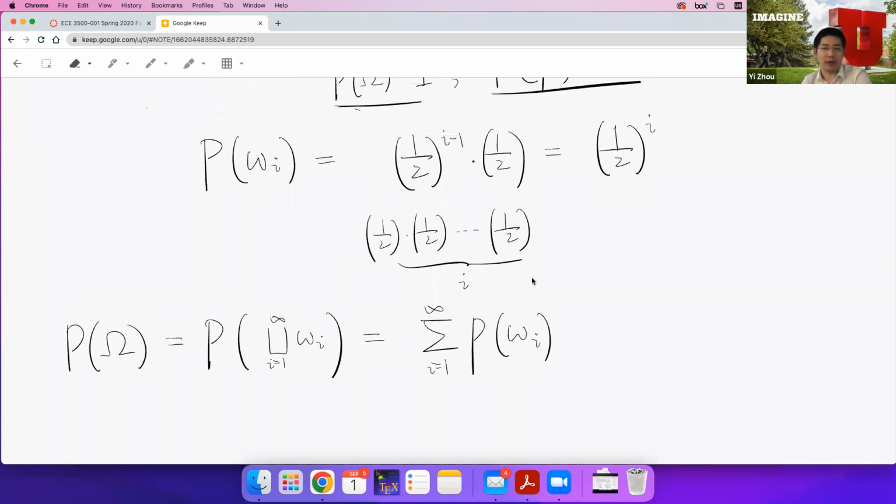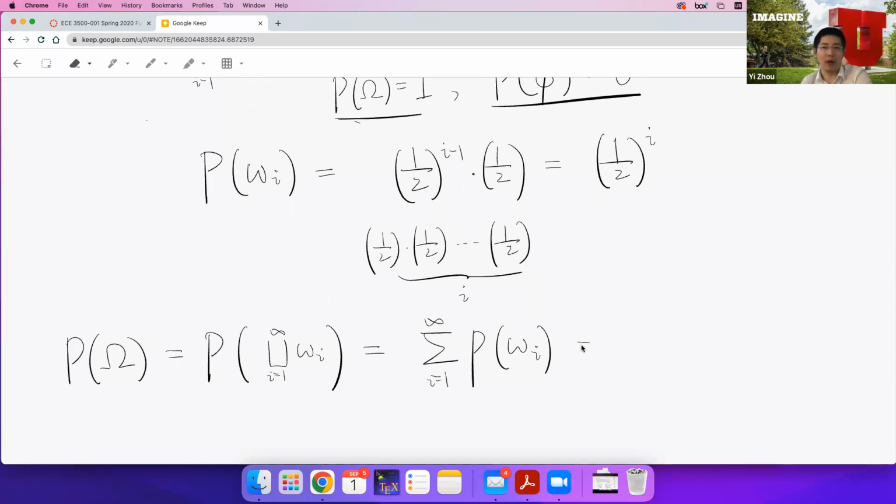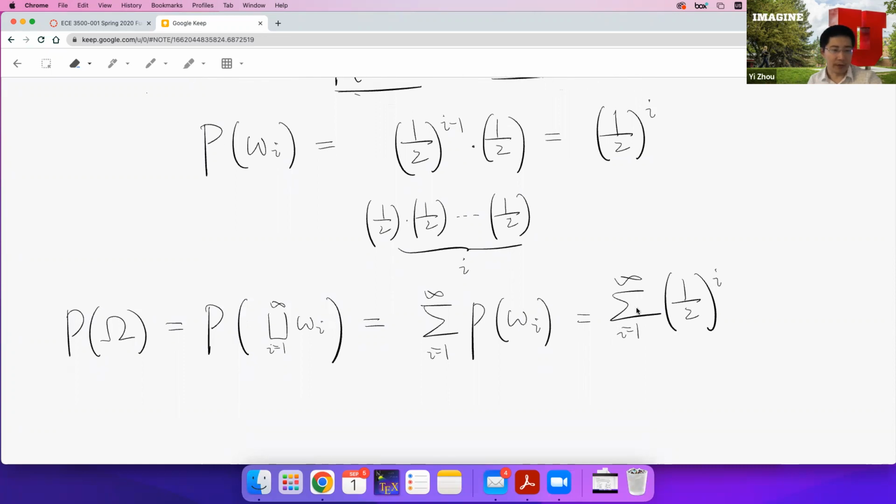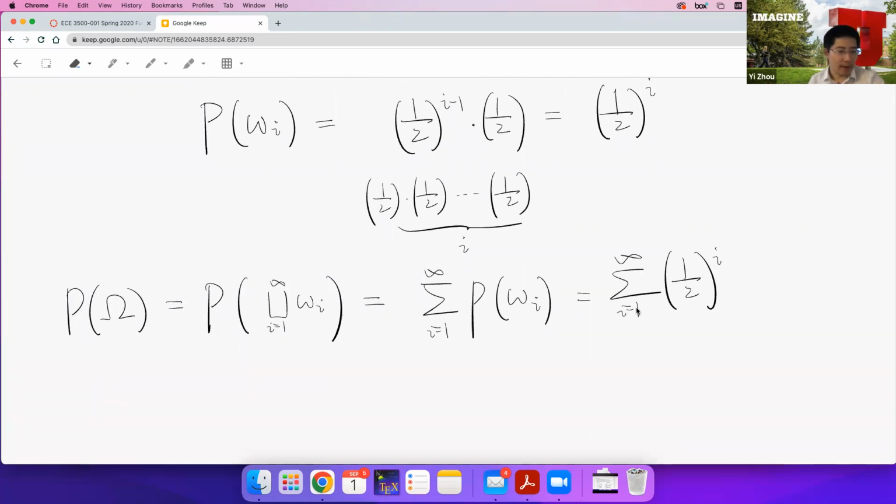And we just calculated that P of omega I is 1/2 to the power of I. Then you get this summation over a geometric series. We have a formula for calculating this, and if you apply that formula, you get exactly 1. The limit is 1.